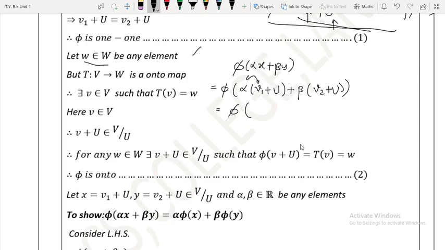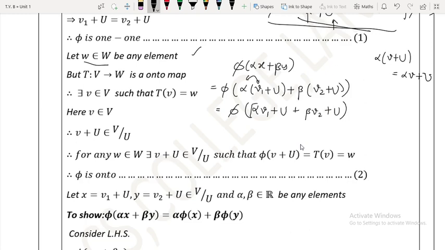We know how scalar multiplication is defined in V mod U. You might remember alpha times (v plus U) is nothing but alpha v plus U. So that we will use. So this will be alpha v1 plus U plus beta v2 plus U. Now addition of cosets.